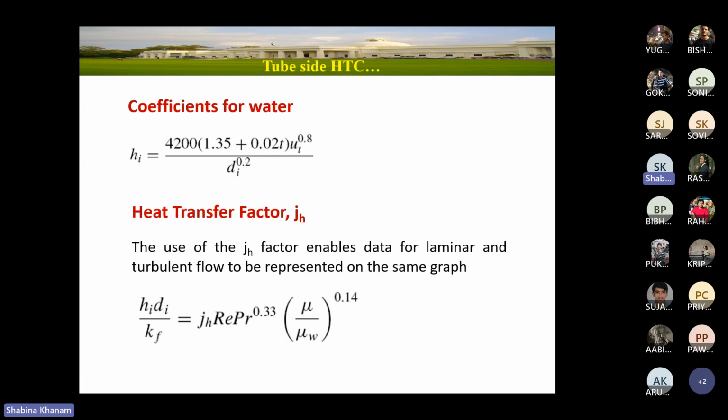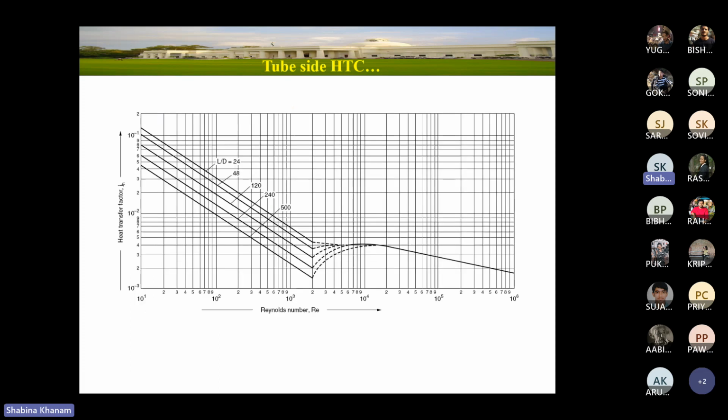Once I have this, you need to find this JH, which is the heat transfer factor.